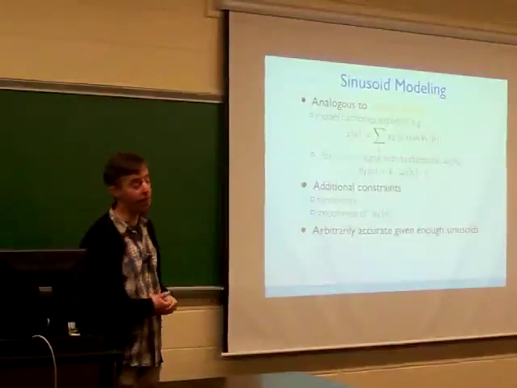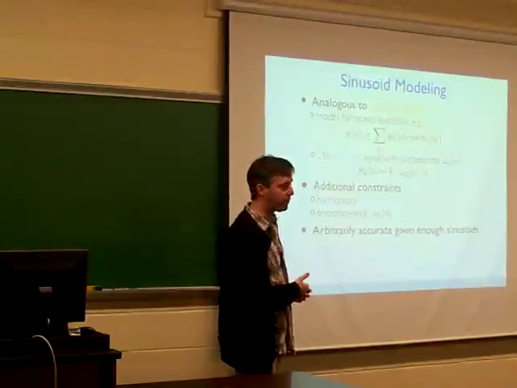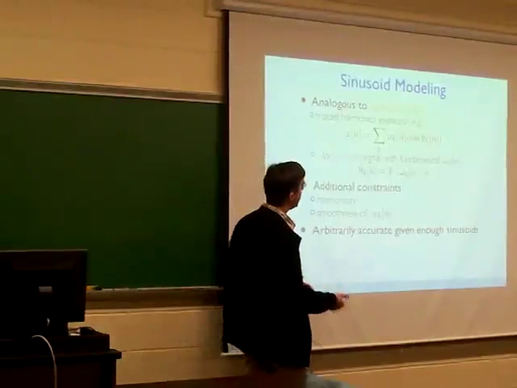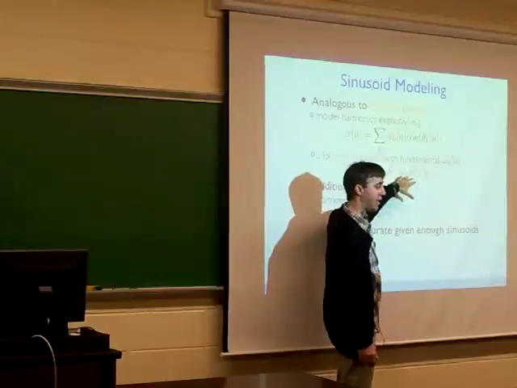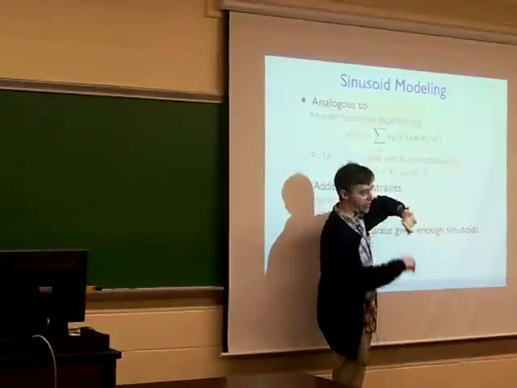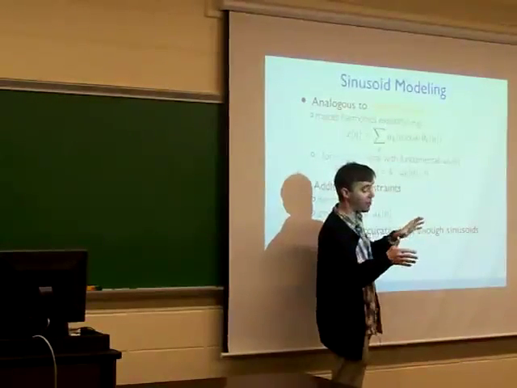In fact, FM synthesis, which we spoke about a little bit last week, can be understood as generating a set of sinusoids like this with amplitudes, but the amplitudes come from Bessel functions, the functions of the modulation depth.